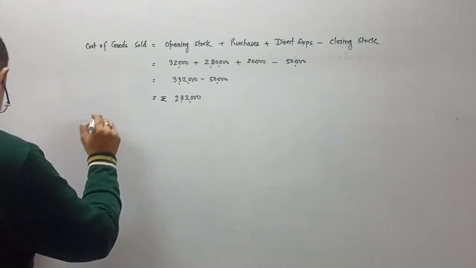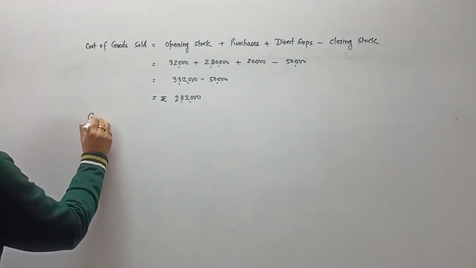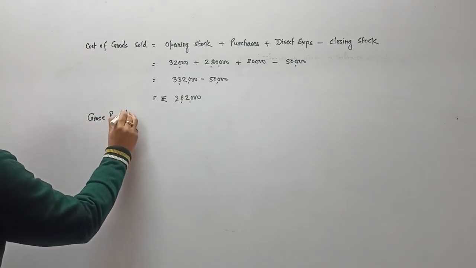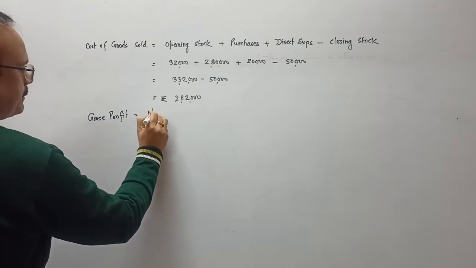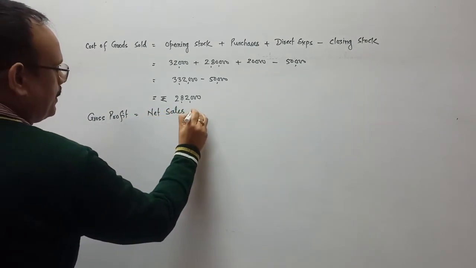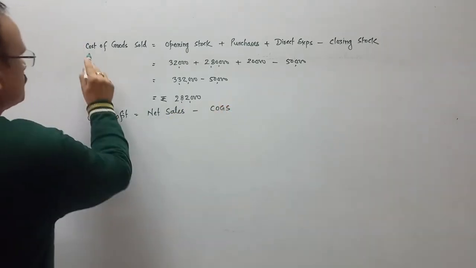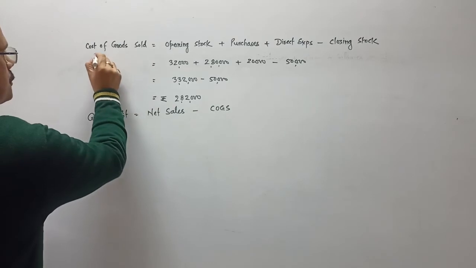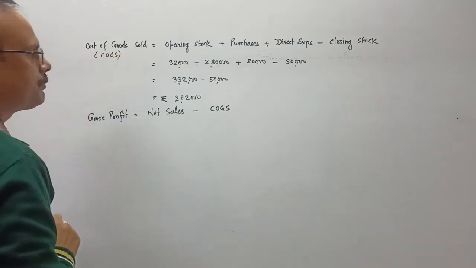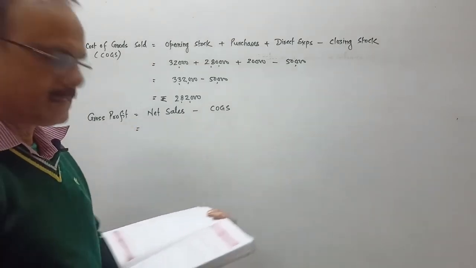Next, we have to calculate the gross profit. Gross profit means net sales minus cost of goods sold. Net sales means sales minus sales return.